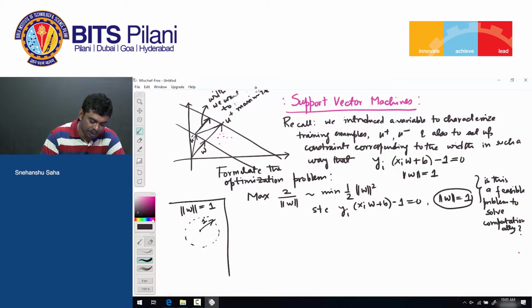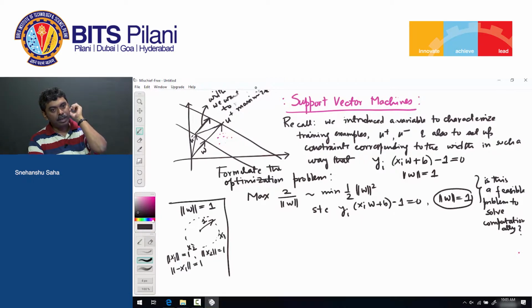So let's say I have some x1 here and some x2 here. Since these 2 points lie on the surface and satisfy the equations, I have norm of x1 equal to 1, and x2 also equal to 1.